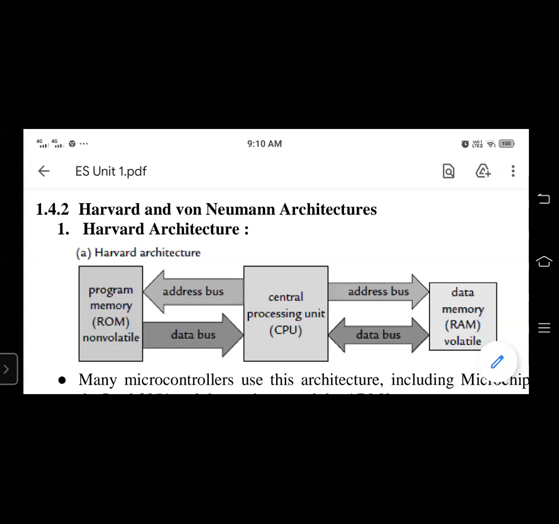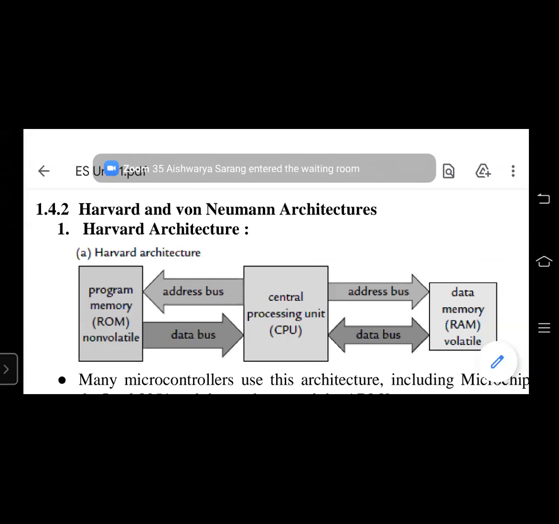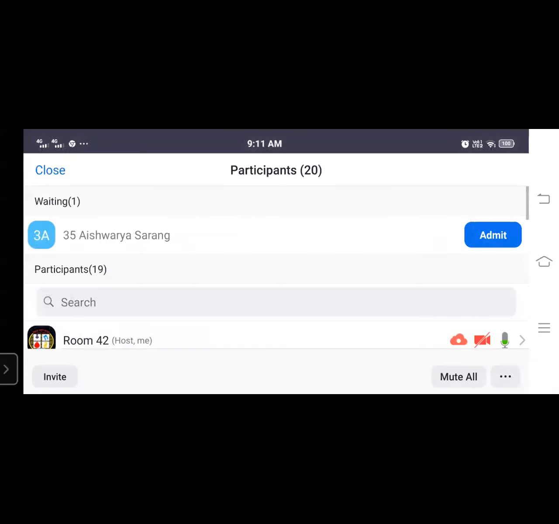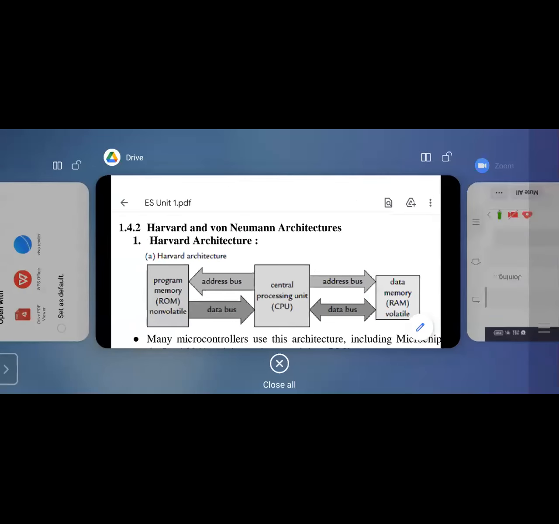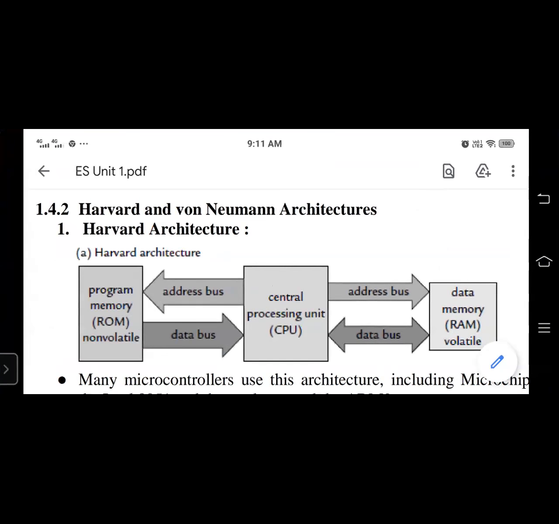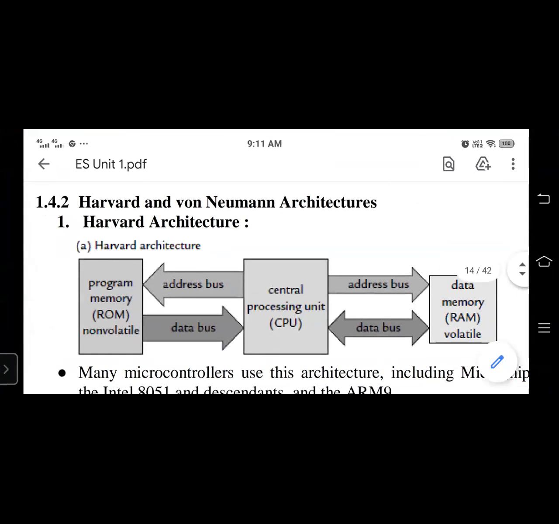From the RAM, what will go to the CPU is only the data. So the data bus is bidirectional. That means the CPU can store the data to RAM and it can access the data from the RAM. So that's why it is bidirectional.